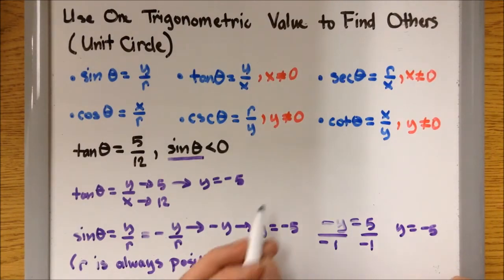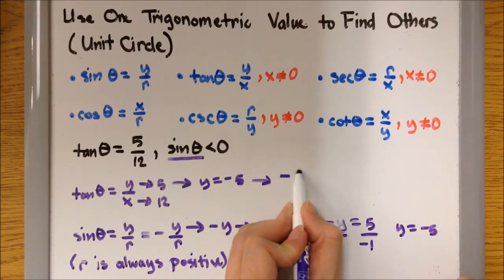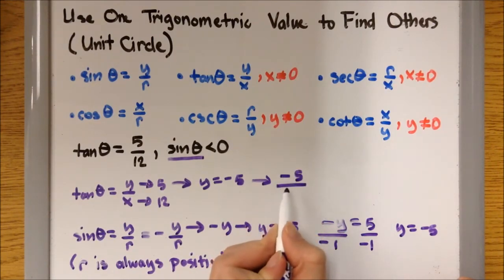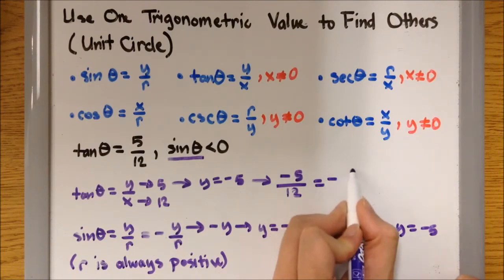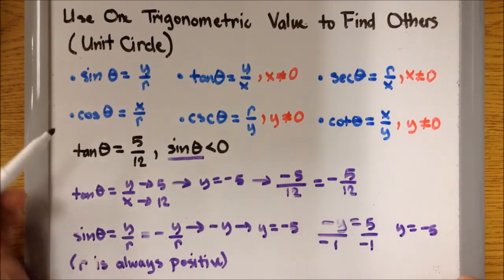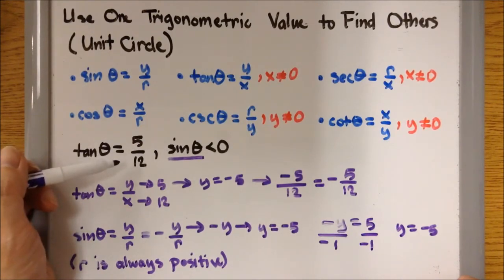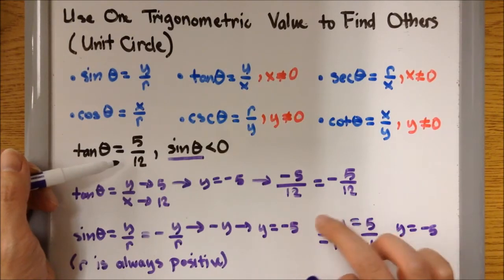So what does that mean? Since y is negative 5, if I kept x as 12, it would have been negative 5/12. But the original is positive. So we cannot just leave this alone.